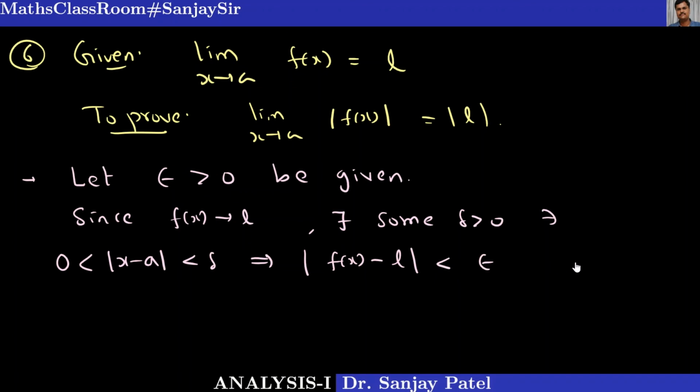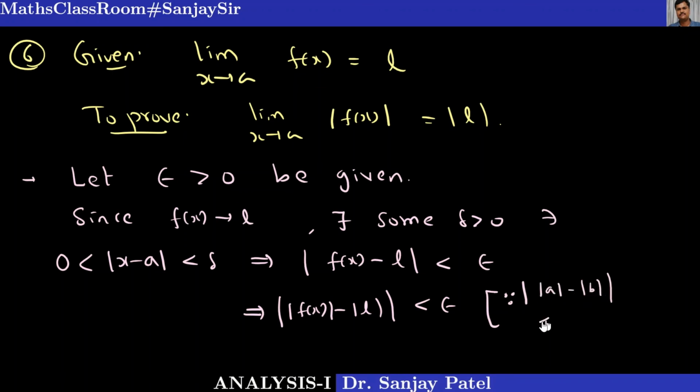Now you know very well that mod of a minus b is always greater than or equal to mod of mod a minus mod b. So I can write mod of mod f(x) minus mod L is less than epsilon. This is the important step: you must write that mod of mod a minus mod b is always less than or equal to mod of a minus b for all real numbers. Here a is equal to f(x) and b is equal to L, you can think and use that result.